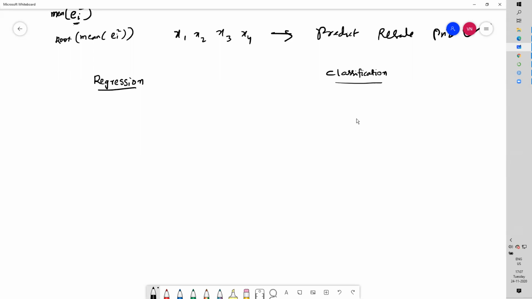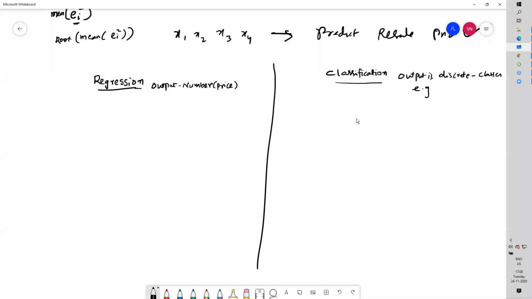Regression is when the output is a number, like price. Example is price. Classification is when the output is discrete. We call them classes.